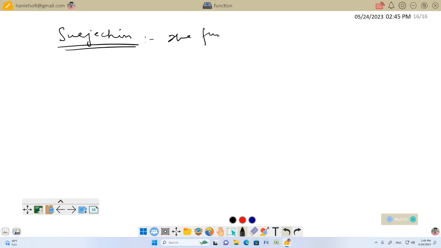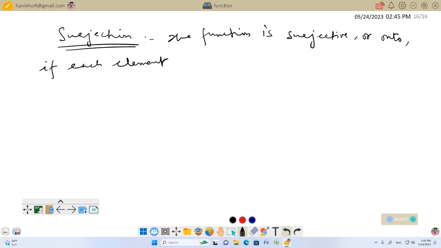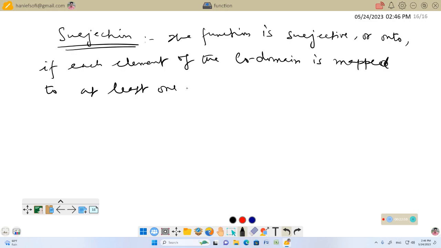So the function is surjective, or it is also called onto, if each element of the codomain is mapped or connected to at least one element of the domain.